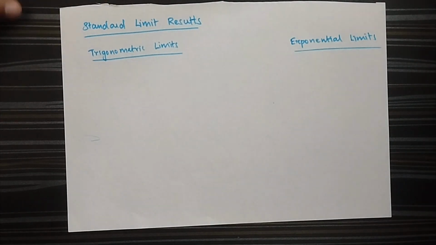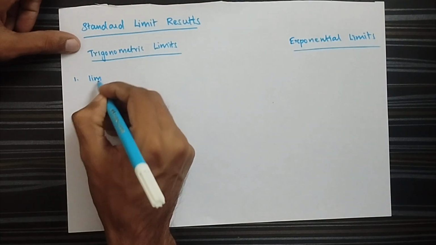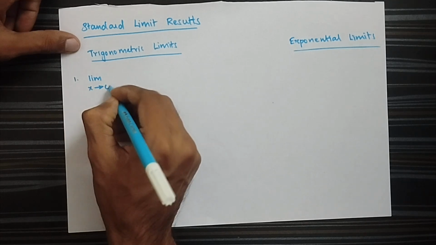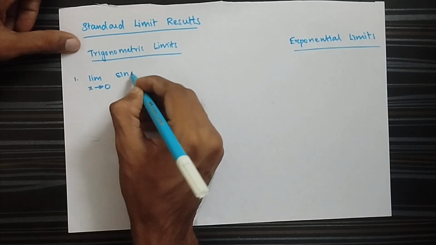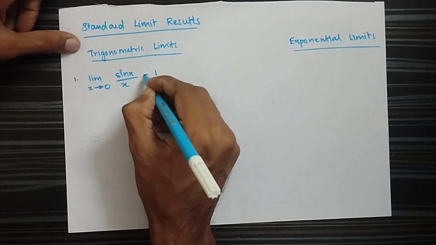First of all, the first result: limit x tends to 0 of sin x divided by x is equal to 1.